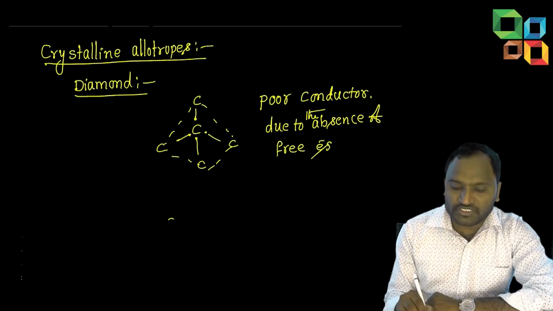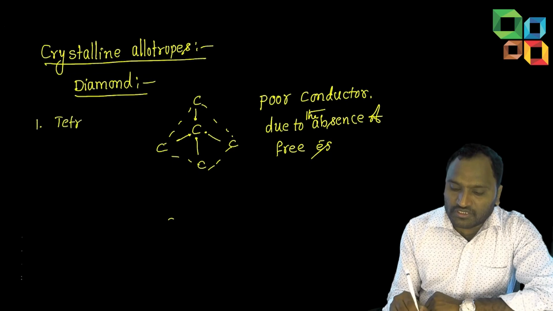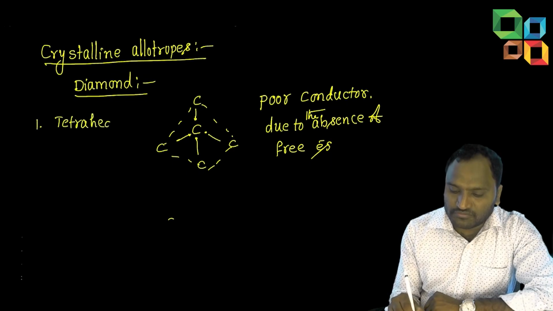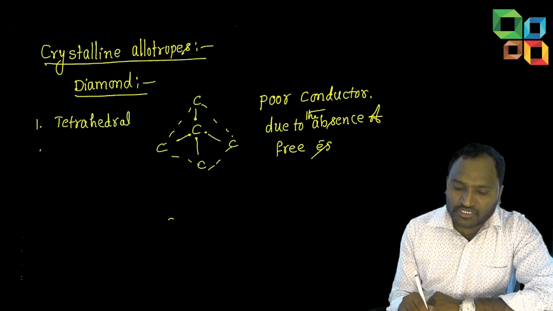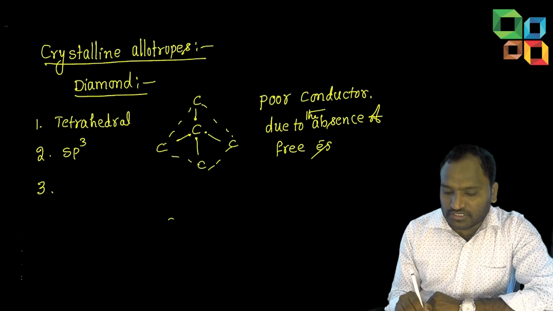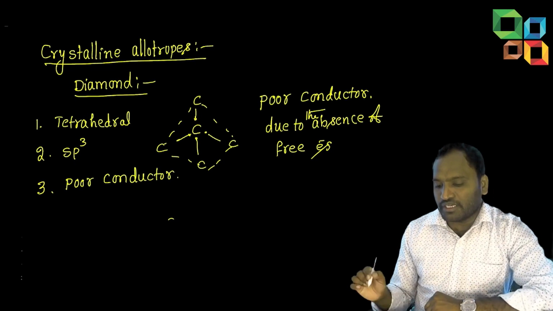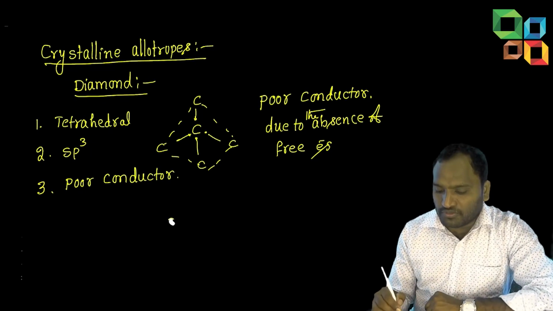So first point, what did I say, students? For diamond, first one is carbon atoms are arranged in a tetrahedral manner. Second one is carbon atom is undergoing sp3 hybridization. Third one is it acts as a poor conductor due to the absence of free electrons, as all the electrons are involved in bond formation.